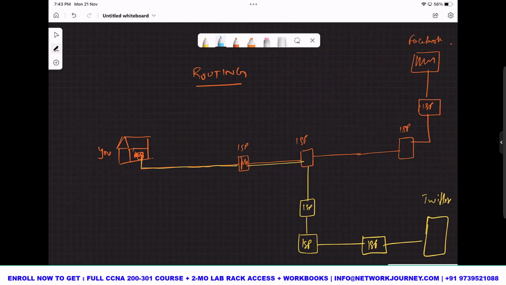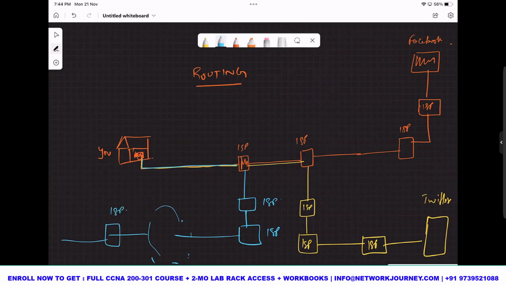Let's say you are connecting to a gaming website or PUBG. You go to your ISP, the ISP might push it to the next ISP, that will push it to another ISP. There could be submarine cables connecting ISPs, and then you reach the gaming server.